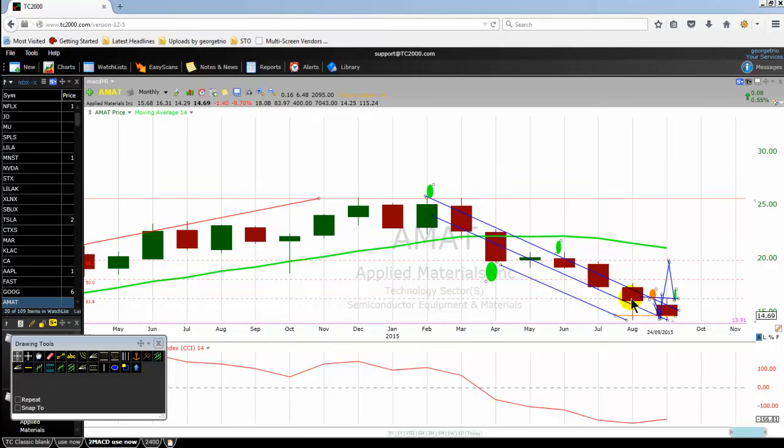We have a doji, you see the tail of this candle, but the price is continuing to go down still. So we can use a candlestick pattern on a higher time frame to validate the oversold commodity channel index indicator trading setup. This is the end of this video, my friend.